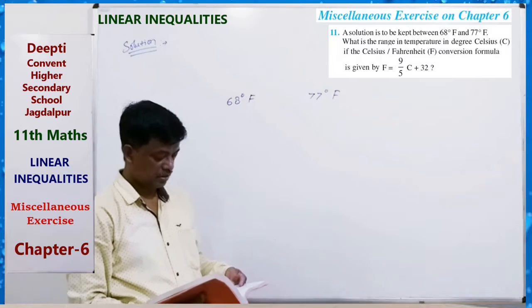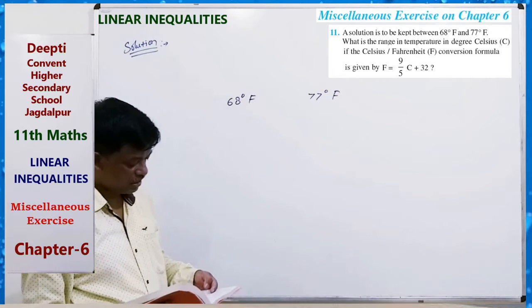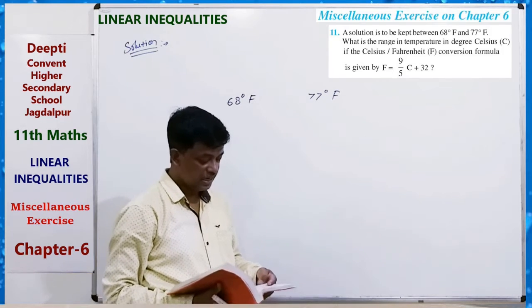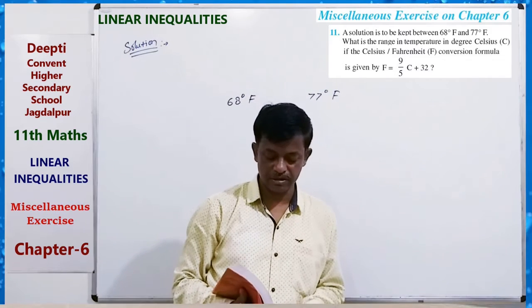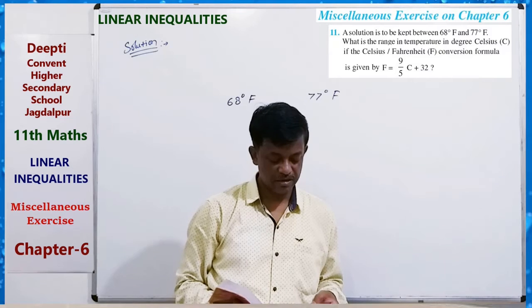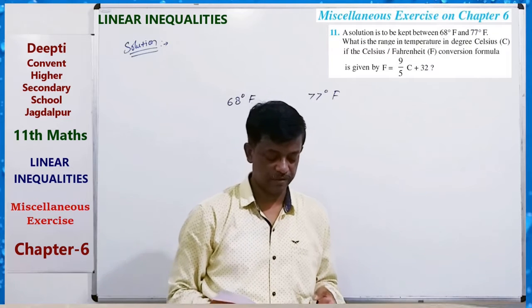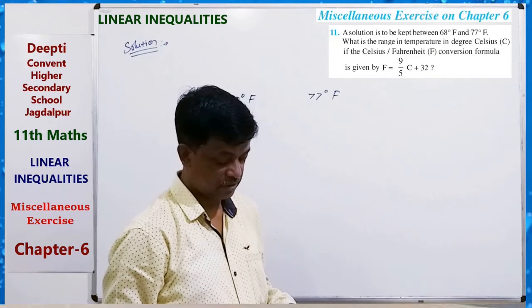What is the range in temperature in degree Celsius C if the Celsius Fahrenheit conversion formula is given by F equals this?